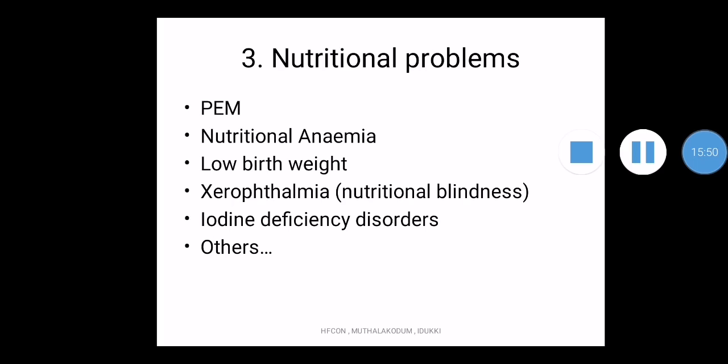So it depends upon the area, or the high altitude areas, because we all know the geography of India. We have coastal lines, we have various hilly areas. So each geographical area has its own problems related to nutrition. So these all are some of the nutritional problems which we can see in India.